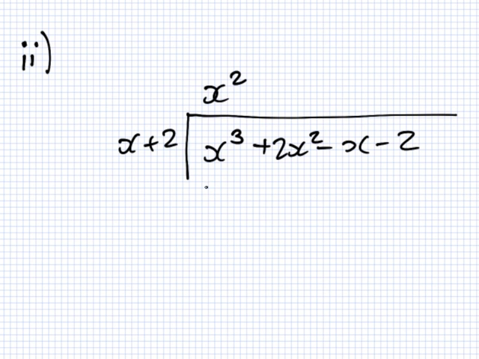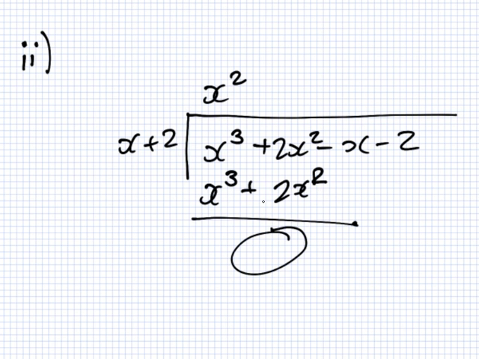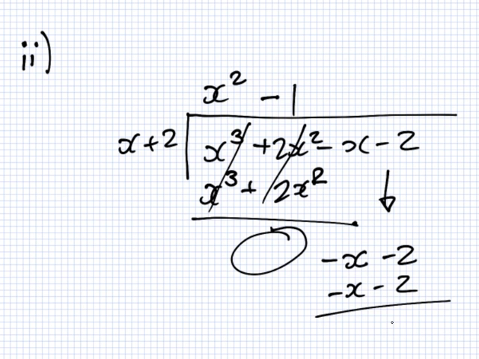So when you multiply, you get x cubed plus 2x squared. And I subtract, and I get a big 0 here. Both of them cancel actually, and I carry. Right, what do I need next here? -1. 0. Okay, that's why it was only 2 marks, because it's a short one.